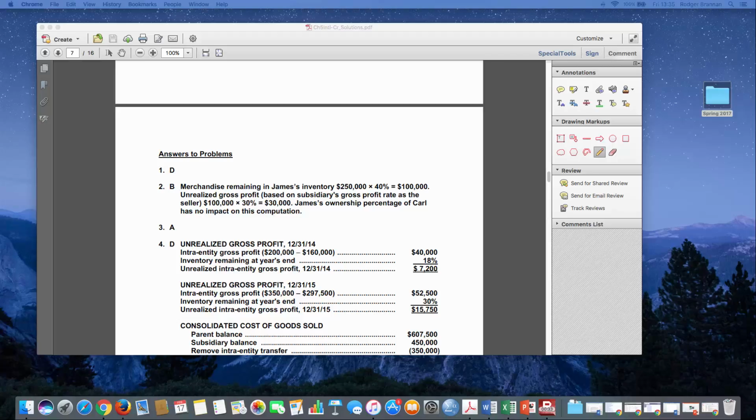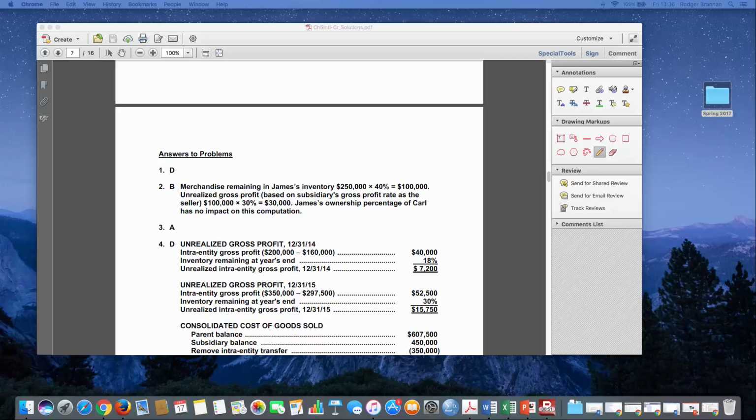Remember that the answers here presume that you've already made one adjusting entry, and that is to eliminate the impact of sales and cost of goods sold. So before even this entry would be made, you would debit sales and credit cost of goods sold for the $250,000.